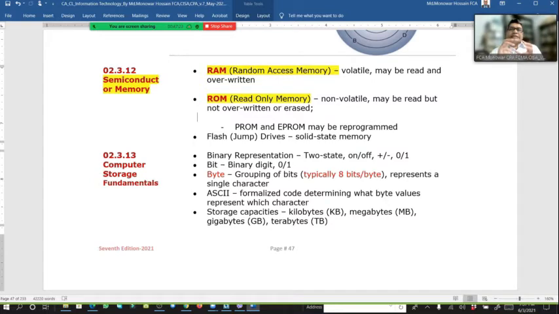That means the data within the ROM cannot be erased or overwritten, but within the RAM we can overwrite data on data, and it can also be erased. But ROM is restricted; you cannot erase the data of ROM.